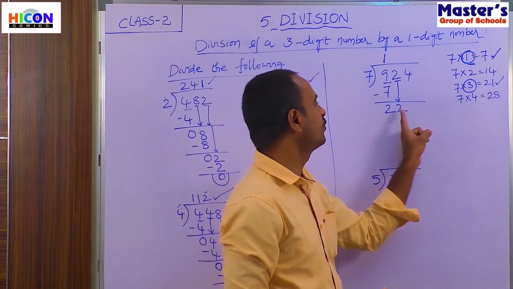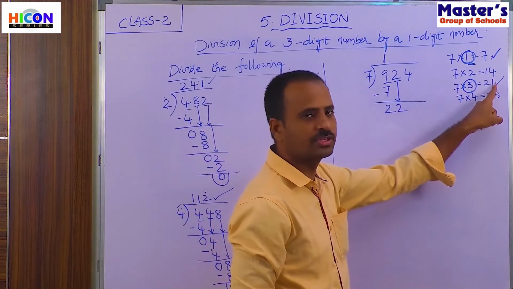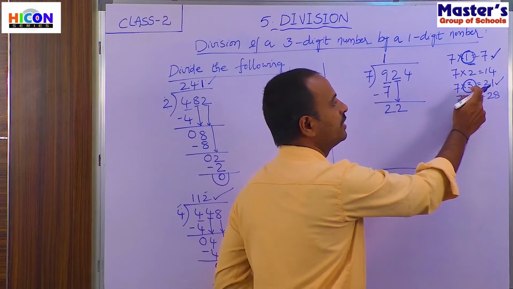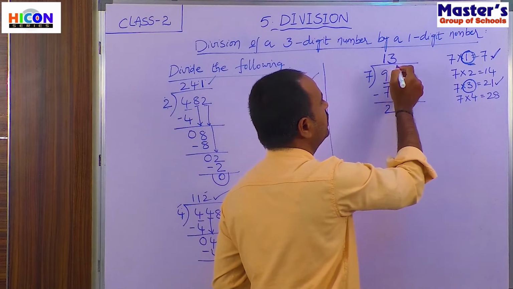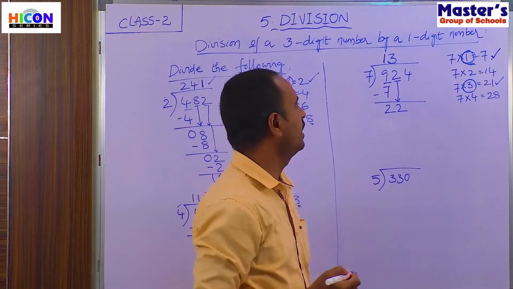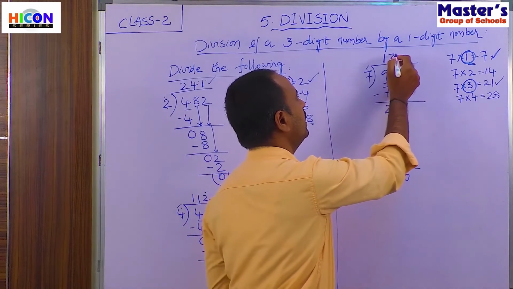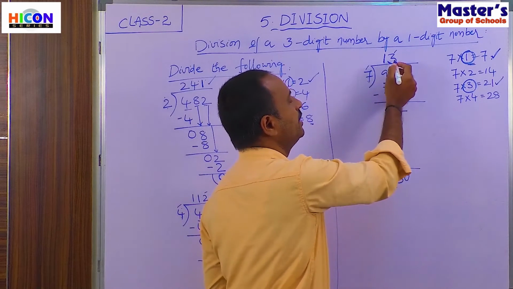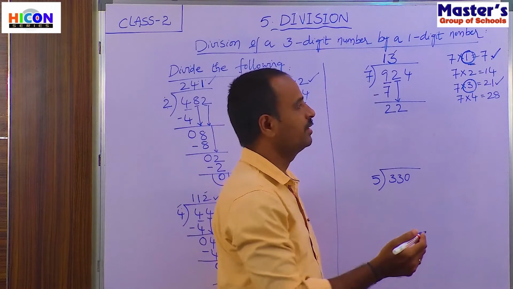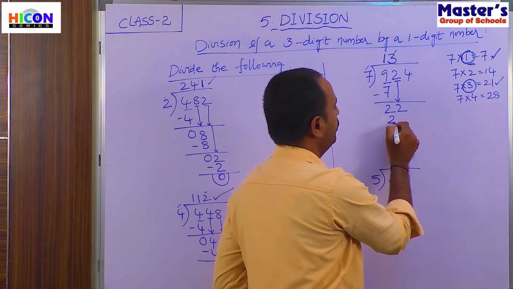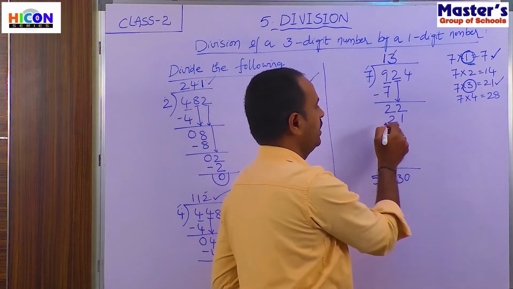So 21 is the before number. That's why we have to take this one. How many times do we have to take to get 21? 3 times. So write 3 in the quotient above the dividend. Now again multiply the divisor and this number. That is 7 into 3. 7 threes are, how much children? 7 threes are 21. So write the product below 22 and subtract.